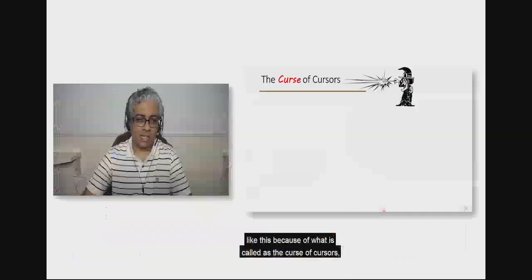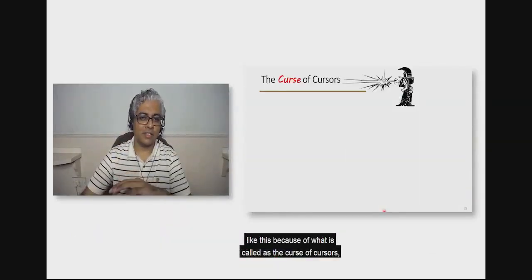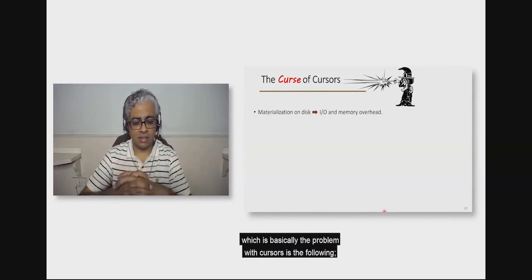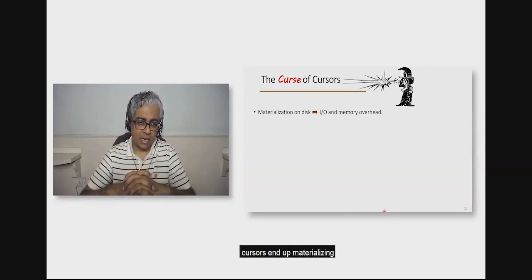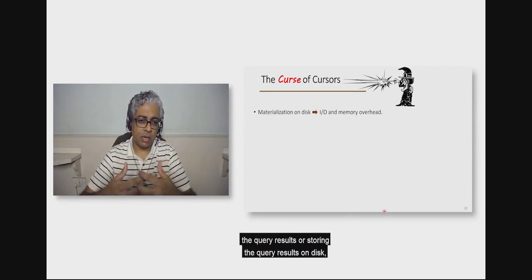because of what is called the curse of cursors. The problem with cursors is the following: in many cases cursors end up materializing the query results, or storing the query results on disk, which results in additional IO and memory overhead.